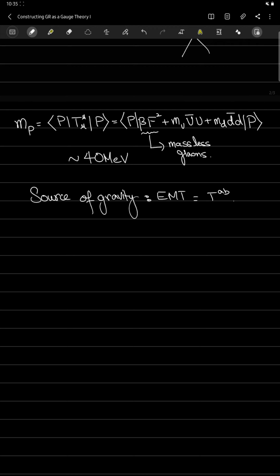In other words, the geodesic equation is independent of any quantities that depend on the internal composition of that particle, whatever the particle is made up of.